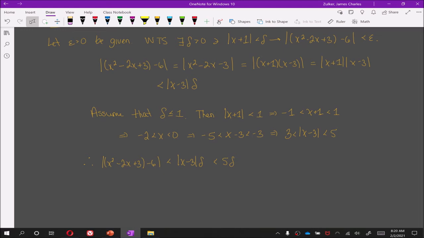If, however, epsilon over 5 is larger than 1, then this entire argument breaks down. So what we have to do is take delta to be the minimum between 1 and epsilon over 5.